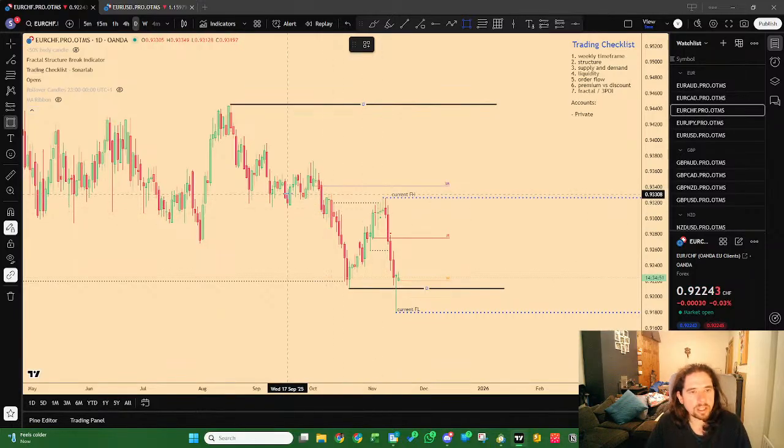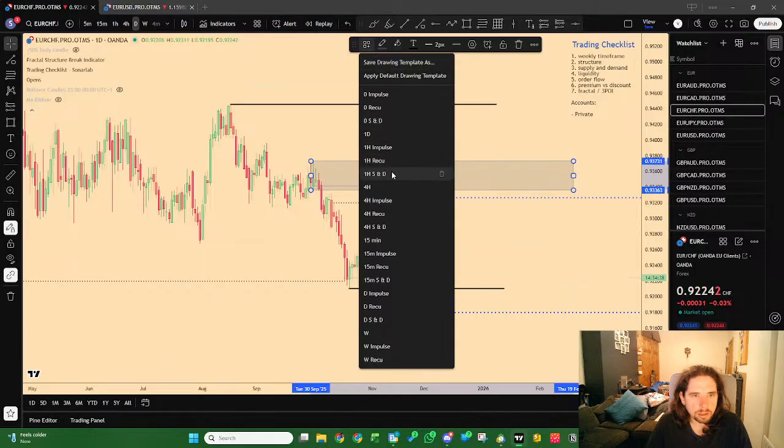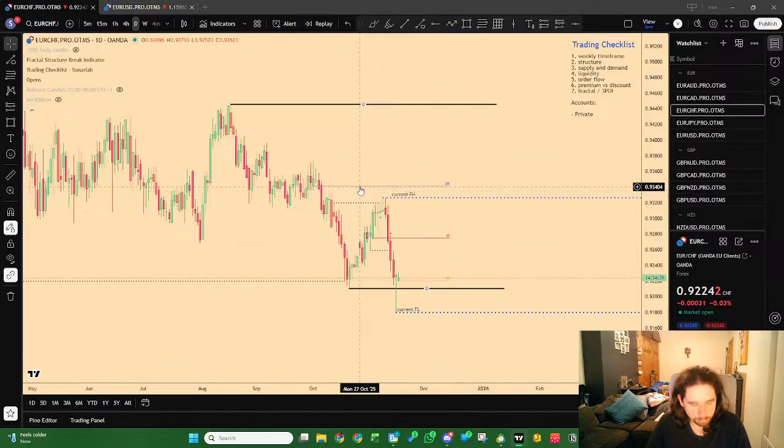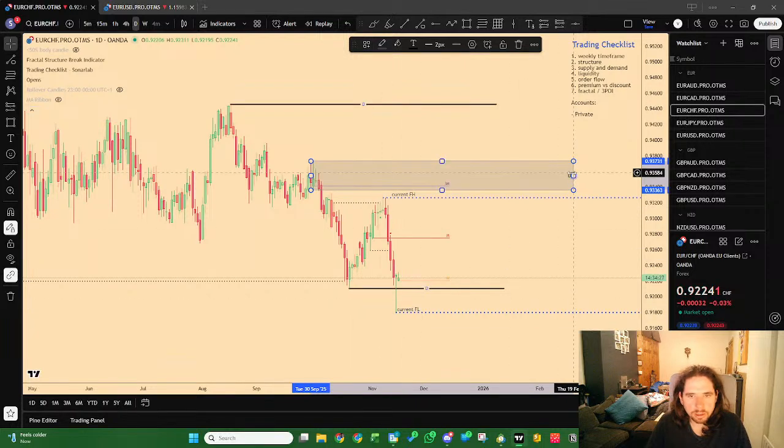We've tapped into that area of supply. There's still this buy before the sell. It's a daily. No, let's get the right one. Daily SD. Okay.